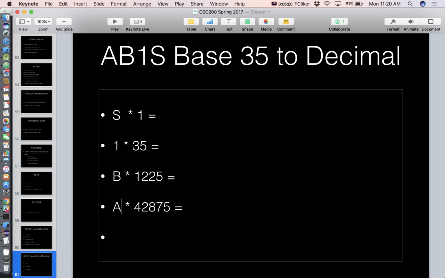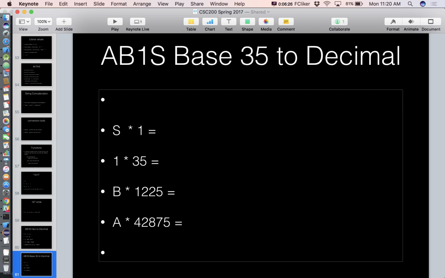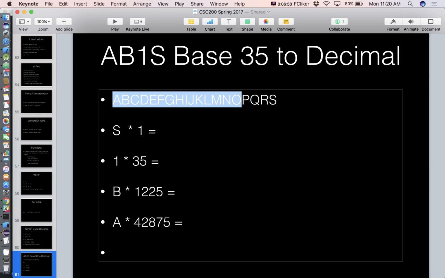And that's an A. Okay, so S, where does S come in the alphabet? It's the 10, 11, 12, 13, 14, 15, 16, 17, 18, 19, 20, 21, 22, 23, 24, 25, 26, 27, 28.